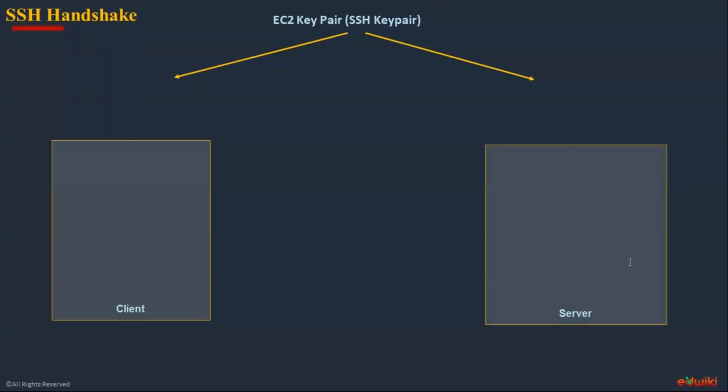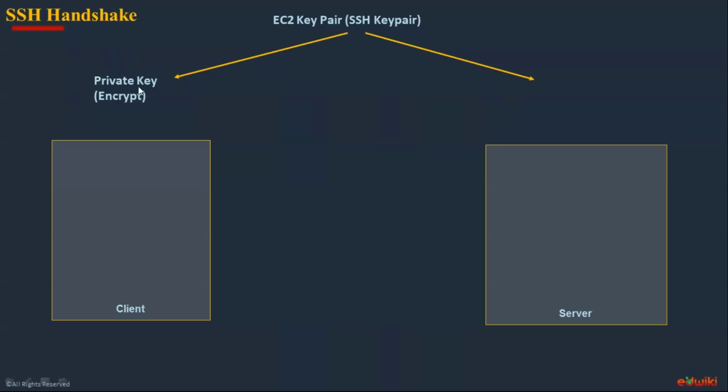I hope you are able to hear me. In AWS, whenever you create a key pair, that is actually creating two files.